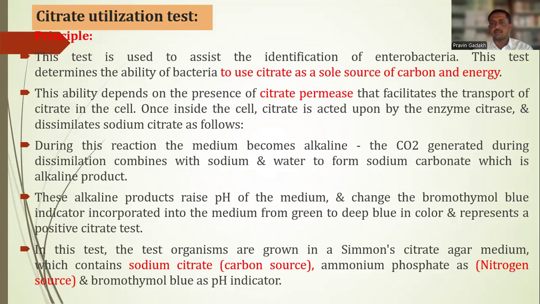That is a change in the pH of that particular media, and on that basis the color of the media can change. We use that change in color in this test to detect whether the organism has the ability to utilize citrate as a sole source of carbon.